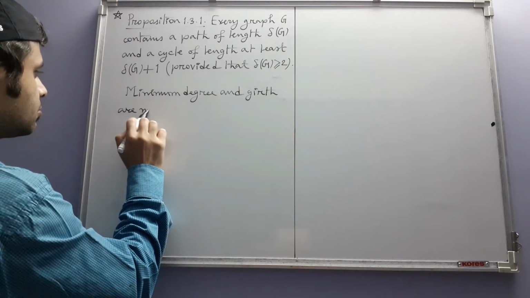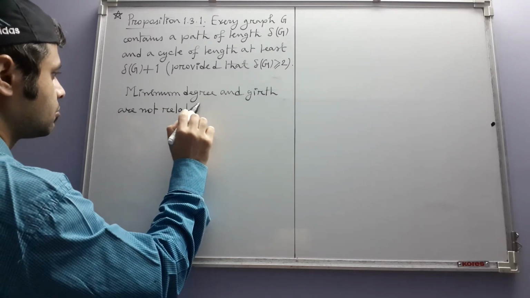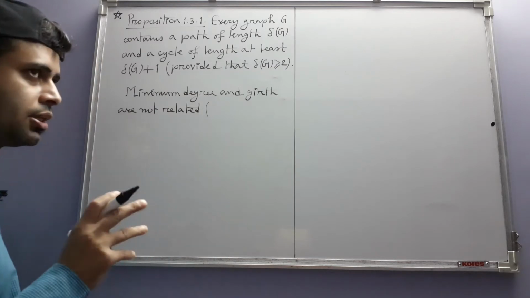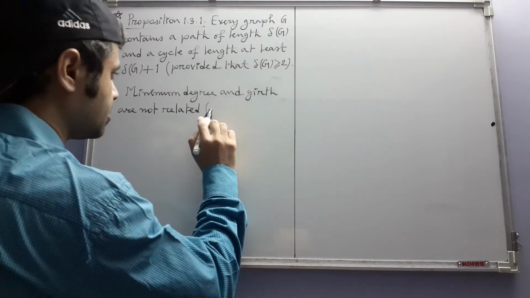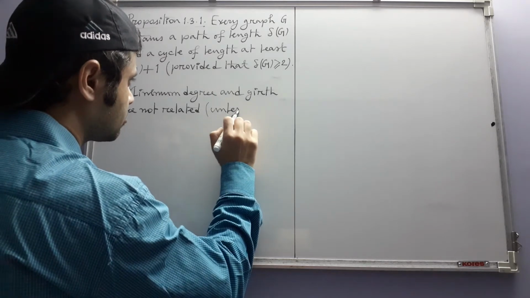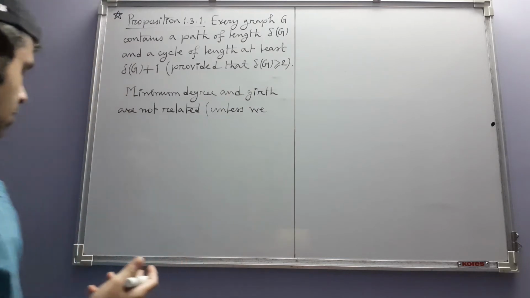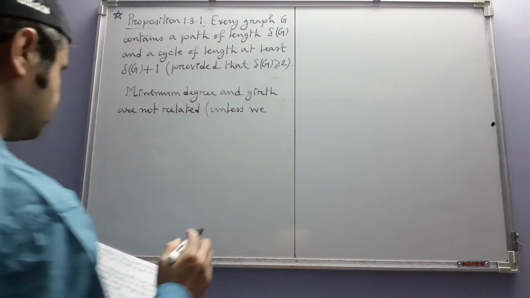That is, one does not determine the other or bound the other in any way unless we fix the number of vertices in the graph, or the order of the graph.